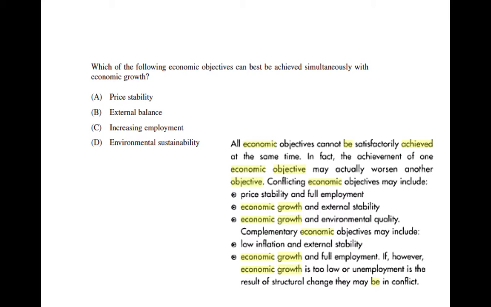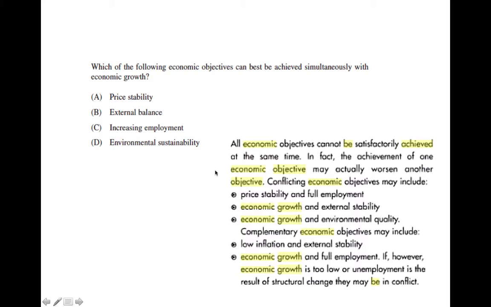So if we have a look at our conflicting, we know that economic growth and external stability aren't complementary. We know that price stability and economic growth are not complementary, and also environmental quality or sustainability that they've got here.